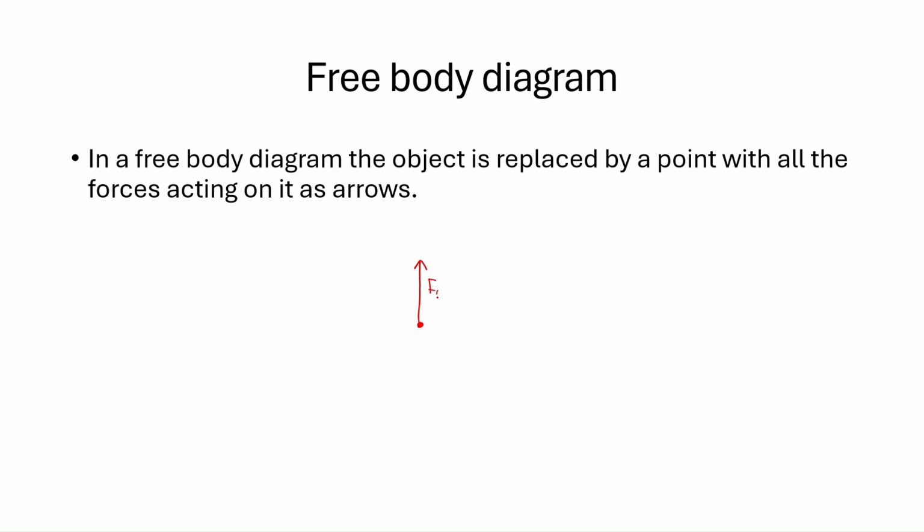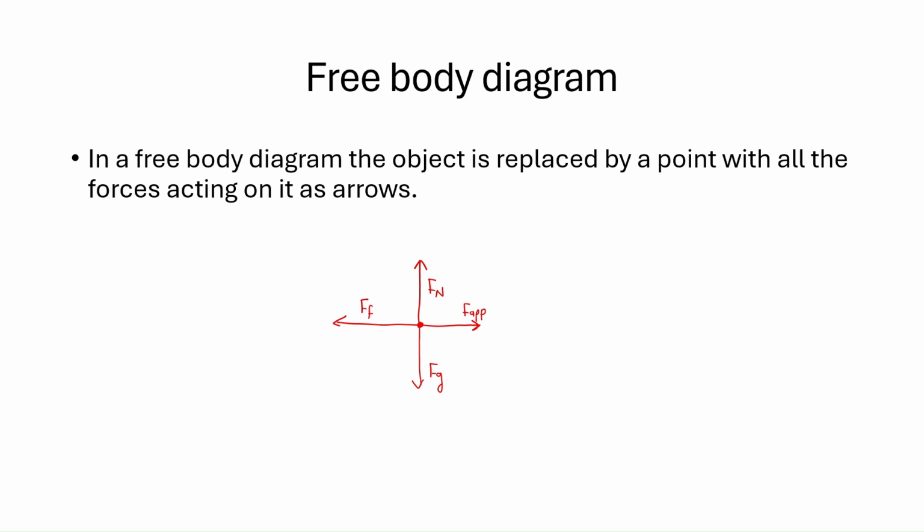I remember we had a normal force coming up, we had a force of gravity going down, we had going to the right the force applied, and going to the left opposite to the applied force we have the force of friction. So in a free body diagram, the object itself is replaced by a point with all the forces acting on it as arrows. And it's as simple as that.